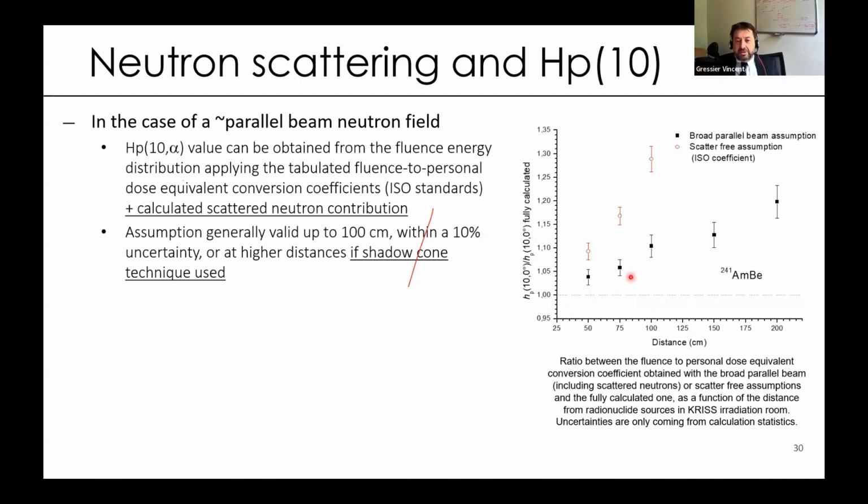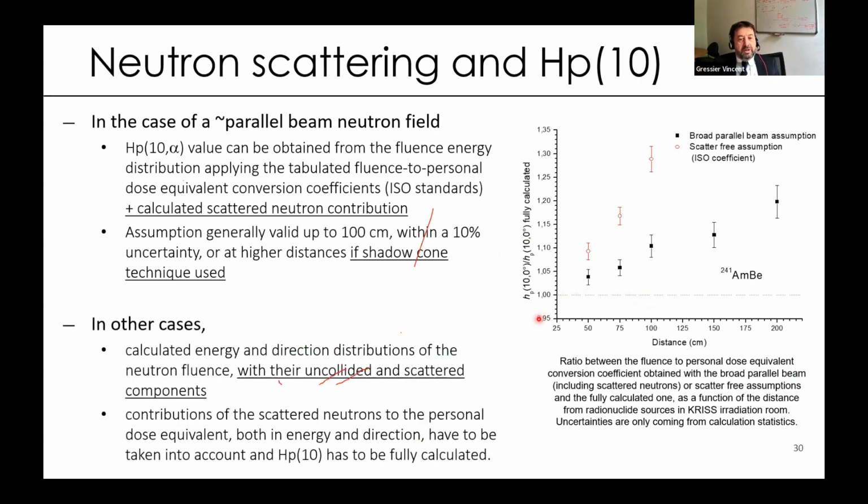So this is a nice study done by the CRIS, and it's very nice to see that it is important to consider the scattered neutrons even if you are close to the source. Okay, in other cases, the calculated energy and direction distribution of the neutron fluence, with its uncollided and scattered components, has to be made. So calculations are always important there, and the contribution of the scattered neutrons to the personal dose equivalent, both in energy and direction, has to be taken into account.